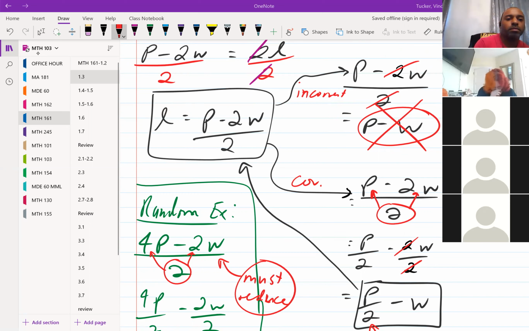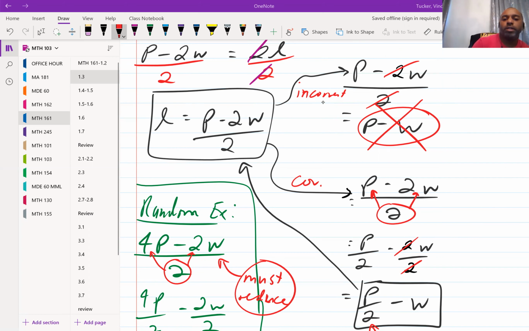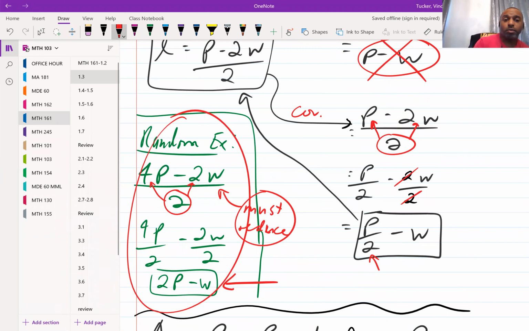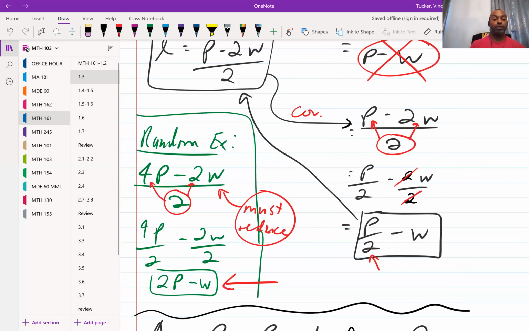All right. The situation in which you have to reduce is over here in the green. Once again, I wrote up there a random example because I didn't want anybody to confuse the scenario with the actual problem. This is not the same problem. I'm just saying if there was a 4 in front of that P, then you would have to reduce it.